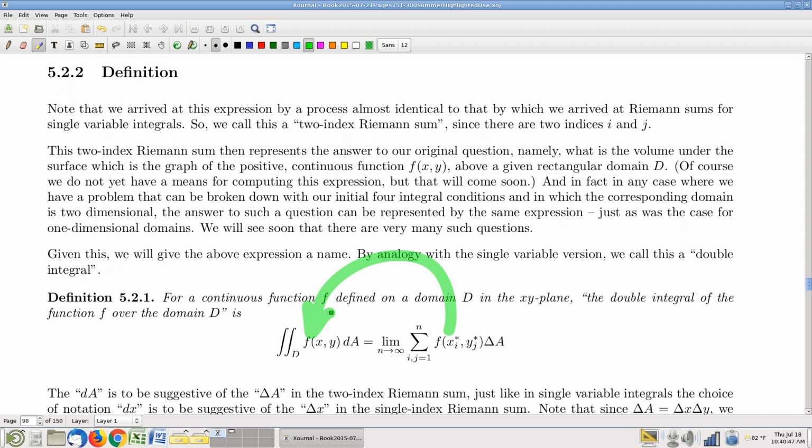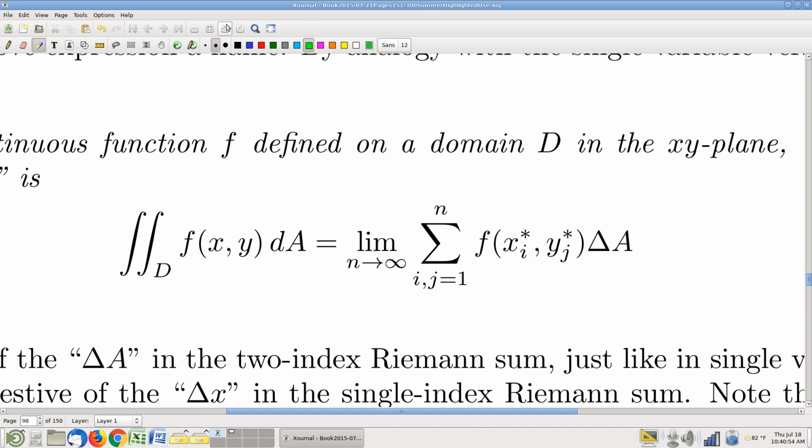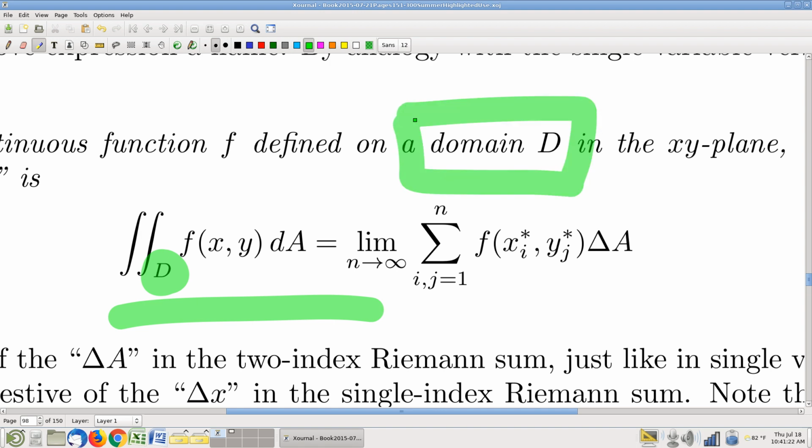And in a single variable calculus class, we would have said integral from A to B. Saying subscripts A and B is just a way of telling the reader what your domain is. I'm going to tell you what our domain is here just by a more convenient little shorthand. I'm going to presume that my domain has a name, and then I'm going to write the name as a subscript, and that's awfully convenient, right?